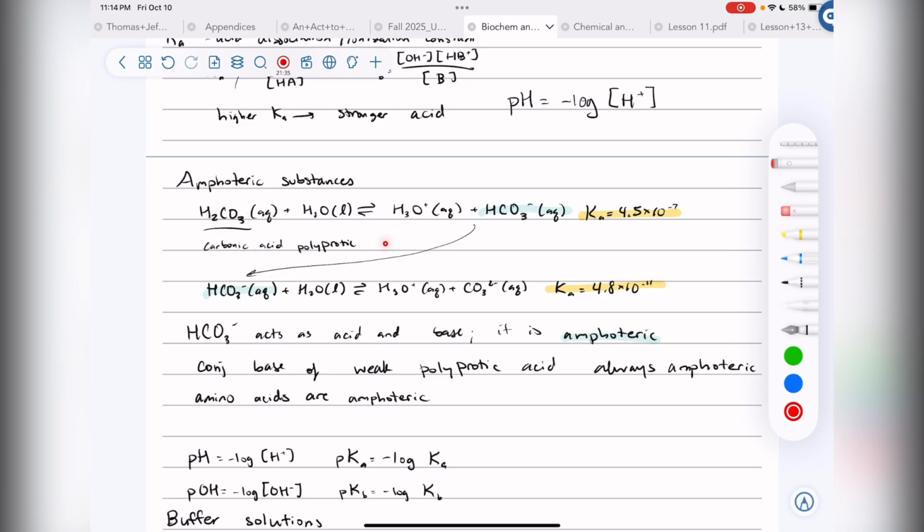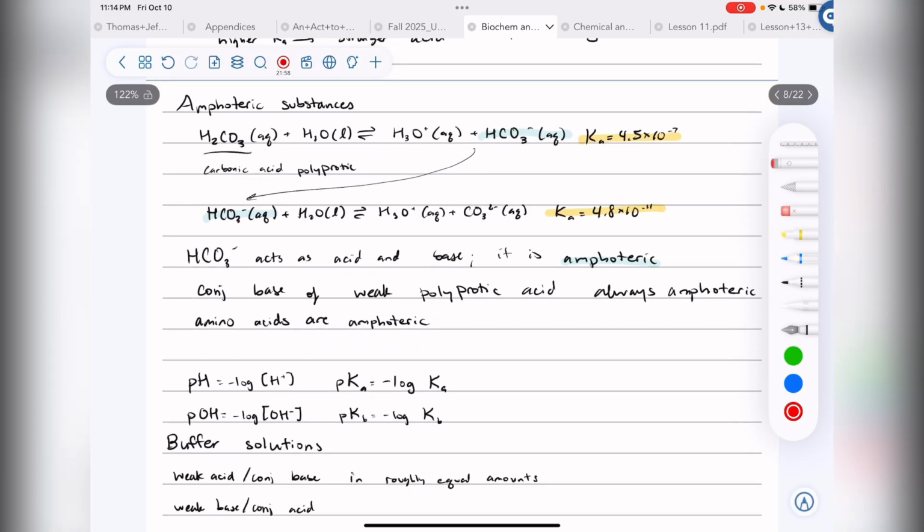It loses a proton, and so then this is the conjugate base of carbonic acid. But then this one can also lose its other proton. So now in this equation here, this guy loses a proton and it becomes this guy. So you can see that this same molecule is functioning as a base in this case and an acid in this one. It's called amphoteric.